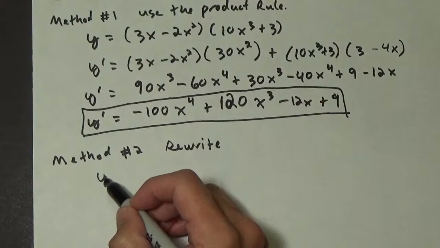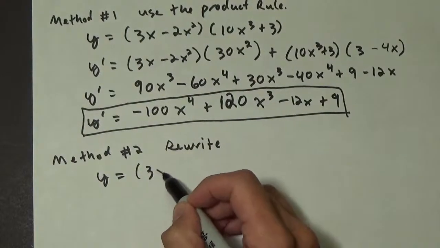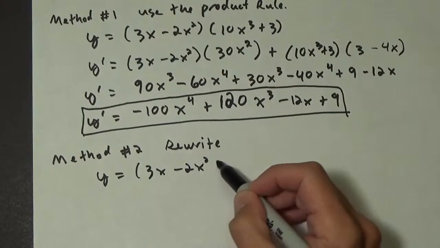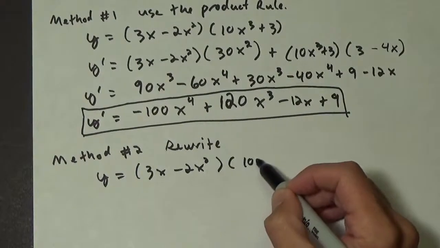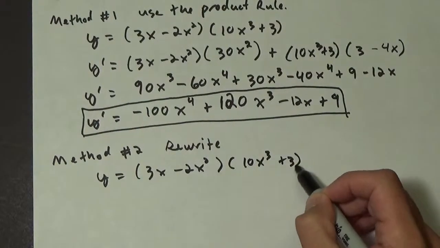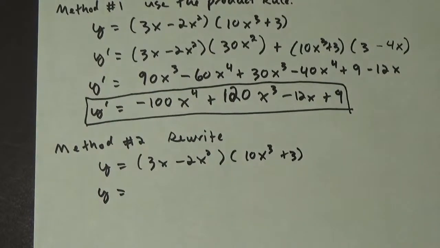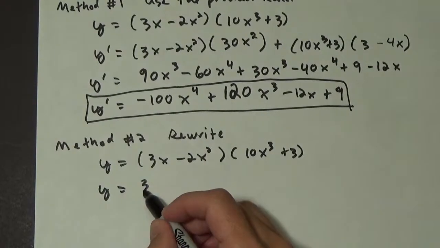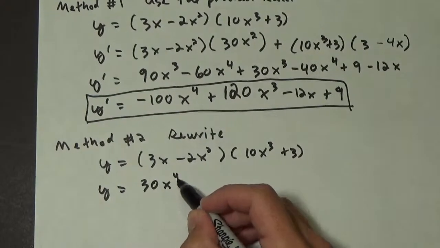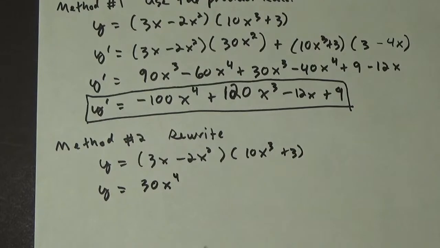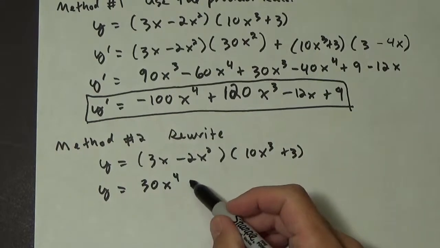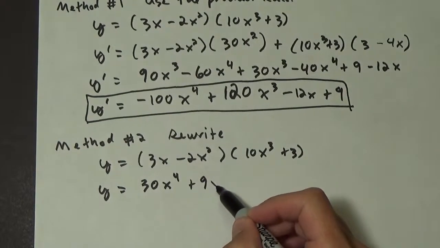So if we start off with y equals 3x minus 2x squared times 10x cubed plus 3, the first thing we're going to do is multiply these two binomials together. So let's see here, 3x times 10x cubed, that is 30x to the fourth. 3x times 3 is plus 9x.